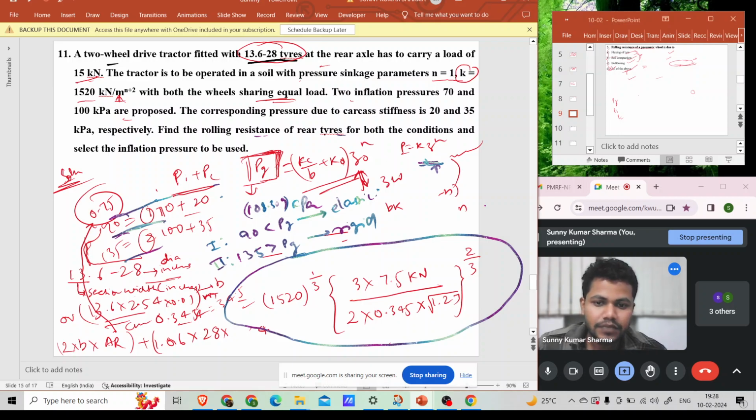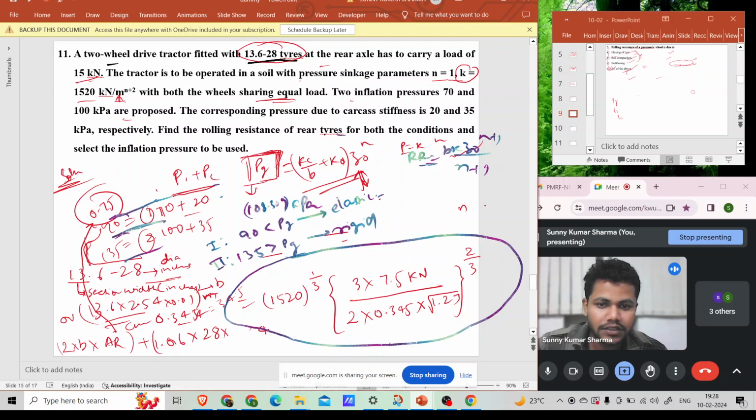So for elastic mode, what will be the rolling resistance? In elastic mode, our rolling resistance formula is what? Rolling resistance is d k z0 to the power n plus 1 by n plus 1. Only the sinkage term will change.